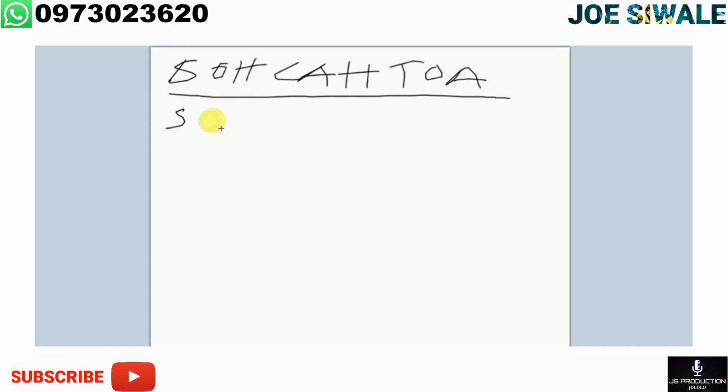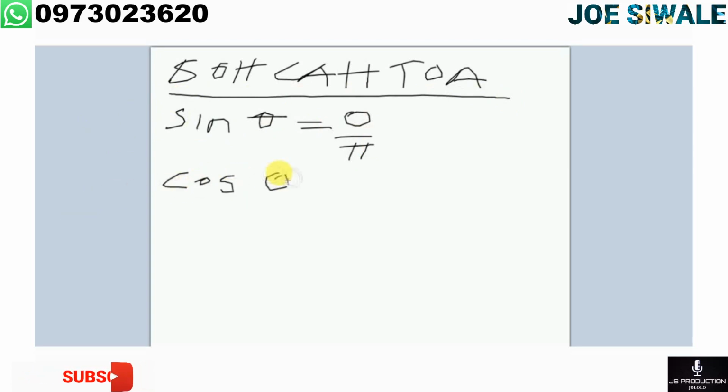So the first one, we have sine theta is equal to opposite over hypotenuse. Then the second one, we have cos theta is equal to adjacent over hypotenuse.